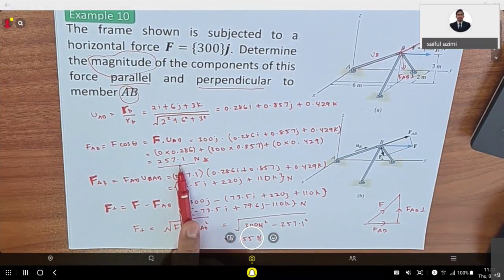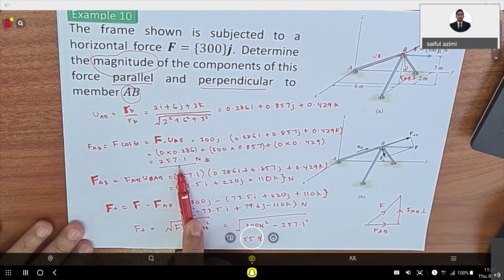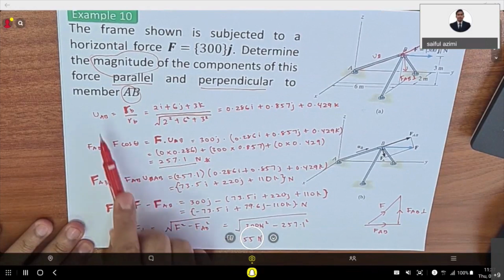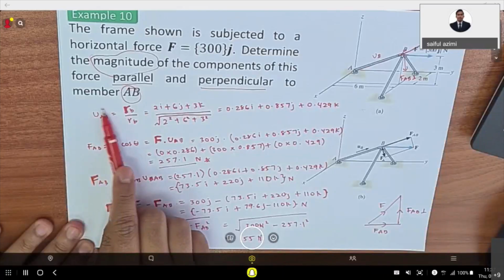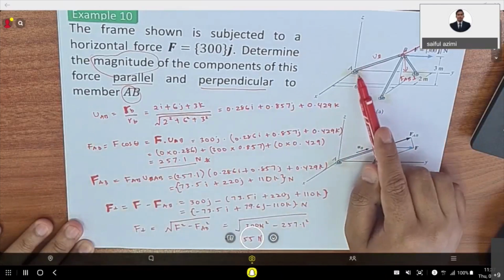If the question asks you to find the vector, I don't want the magnitude, I want the vector, you can just multiply it again with the unit vector here. The unit vector plays a very important role, so you must know how to find the unit vector of an axis.